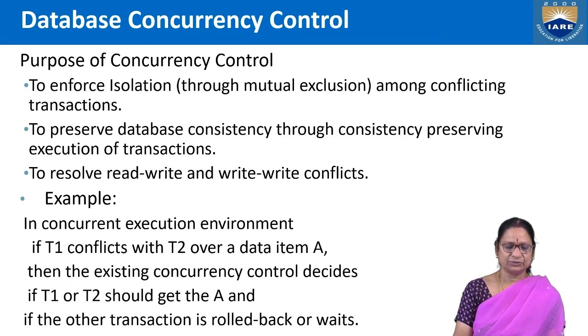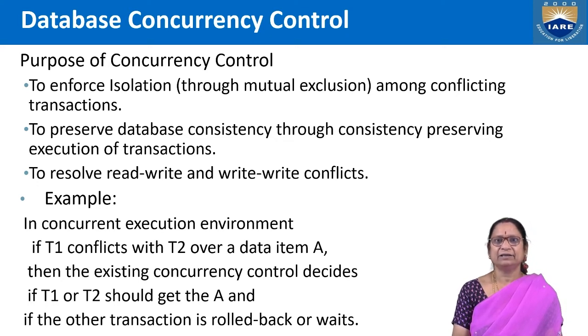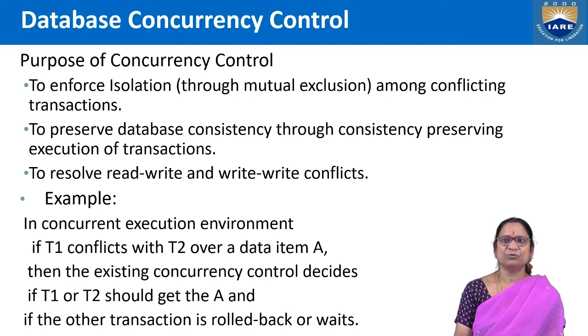In a concurrent execution, if a transaction T1 conflicts with T2 over a data item A, then the concurrency control decides whether T1 or T2 should get that particular data item, and whether the other transaction is rolled back or waits until the data item is released by the transaction to which it was allocated. That means the concurrency control component will decide it.